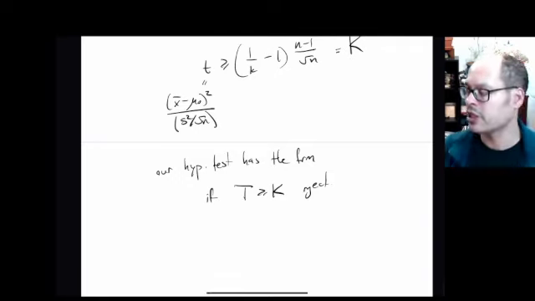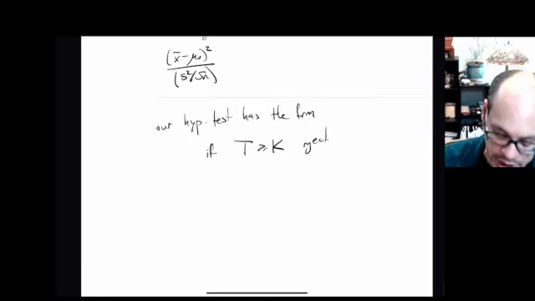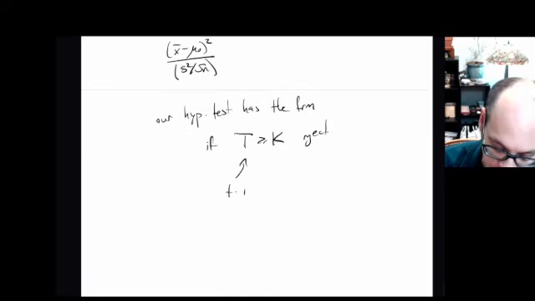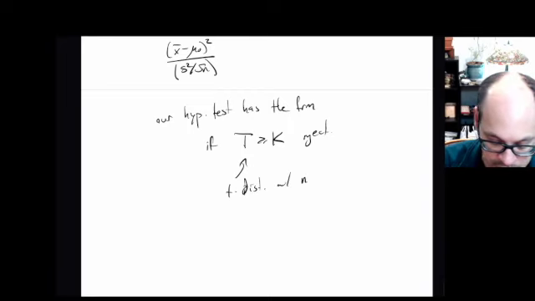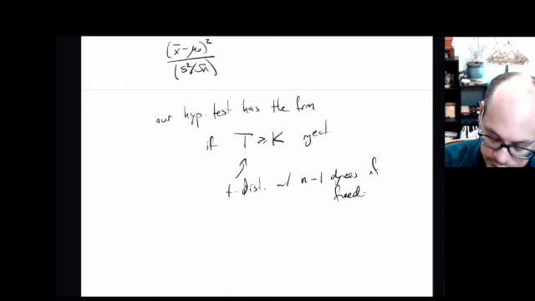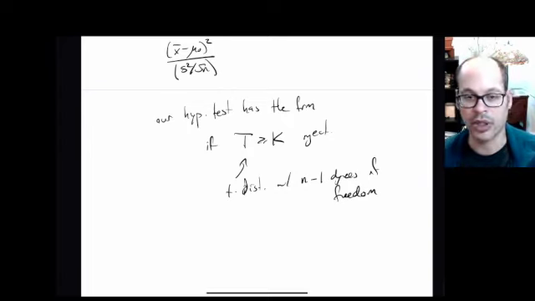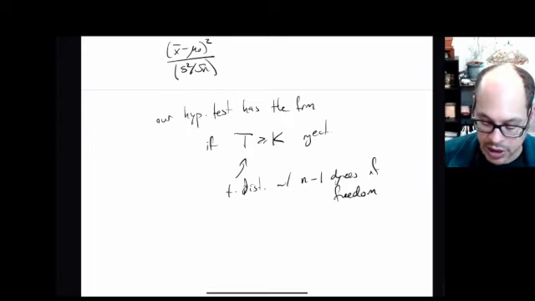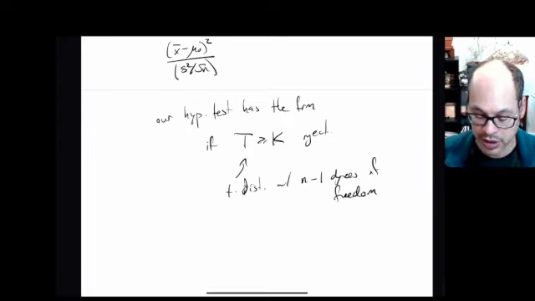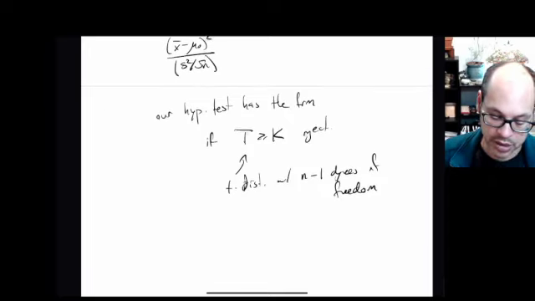So what we end up getting is a t distributed random variable with n minus 1 degrees of freedom, and so we can then build intervals for those just in the same way that we've done before.